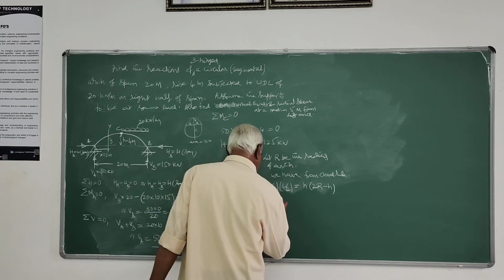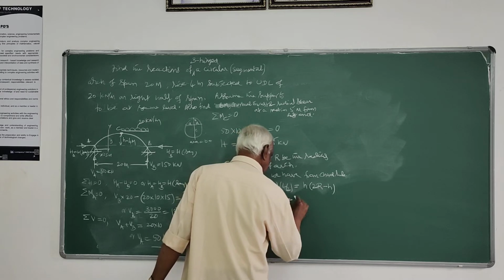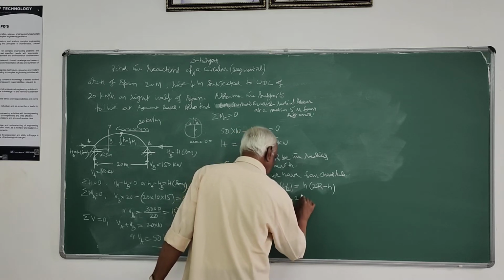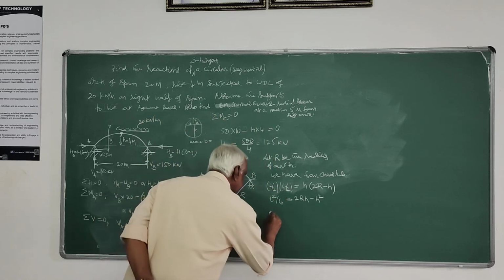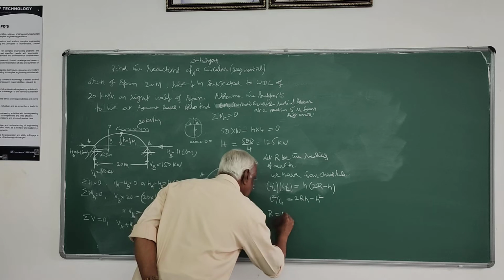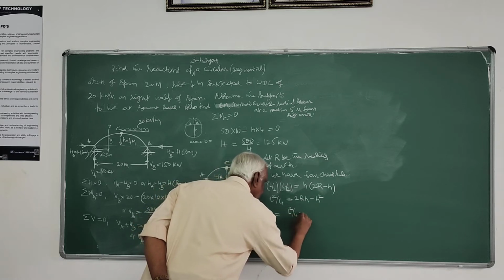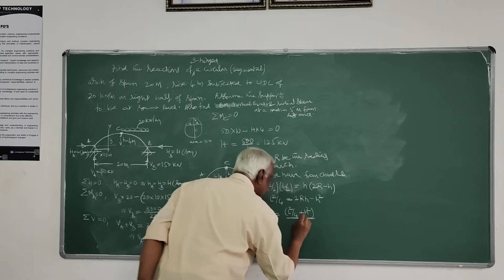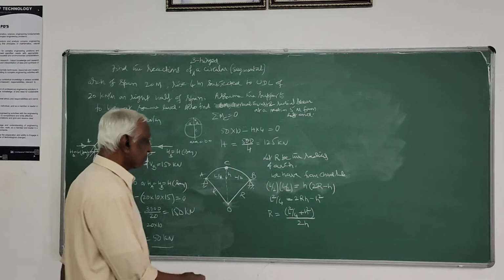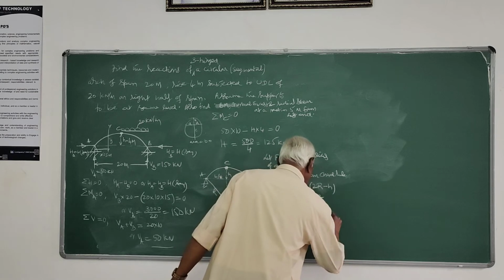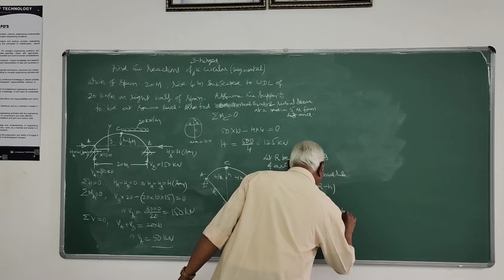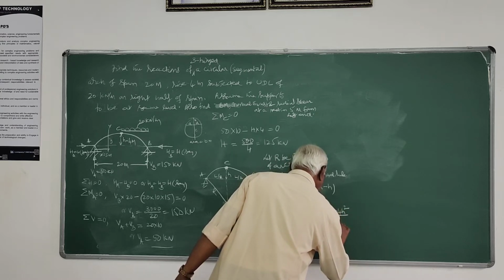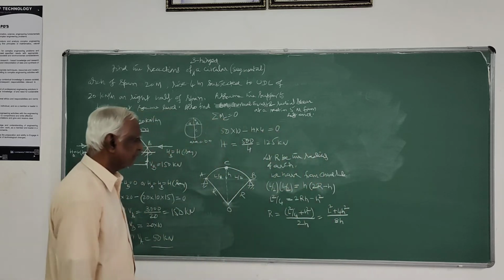Here L square by 4 is equal to 2RH minus H square, or R is equal to L square by 4 plus H square divided by 2H. Correct? So this you can simplify, that is L square plus 4H square divided by 8H.